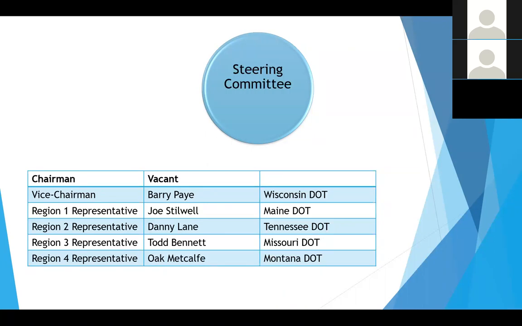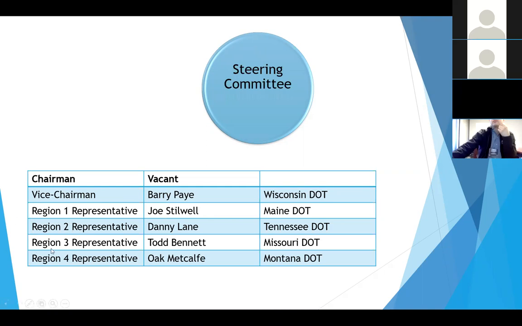The reason I bring this to your attention is most importantly to note here, if you are not familiar, Region 1 is represented, as you can see, in the Northeast. Maine is your contact there. Any states that are of the Northeast region, if you have any questions, comments, concerns, obviously email or call Joe, or you can always contact Catherine or any of my team members here at AASHTO if you want to bring any items of concern to NTPEP.